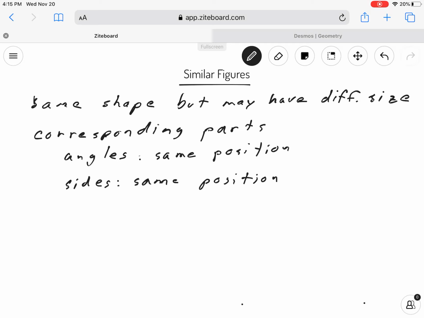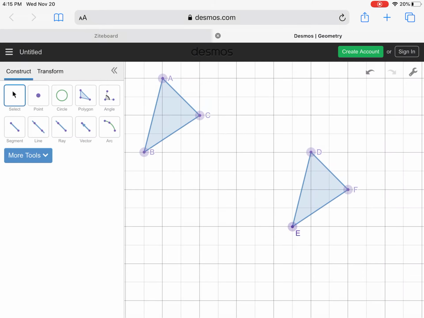Okay, so let's look at an example here with a triangle. I have two triangles here. They are similar. I have triangle ABC and triangle DEF. So my corresponding parts are sides AB and DE, sides AC and DF, and sides BC and EF.